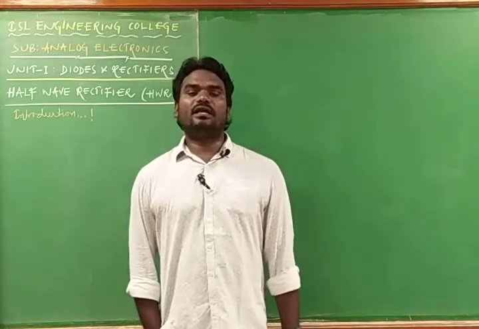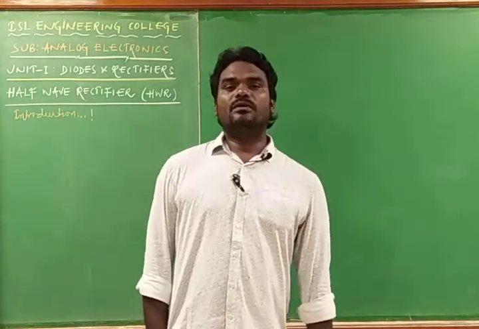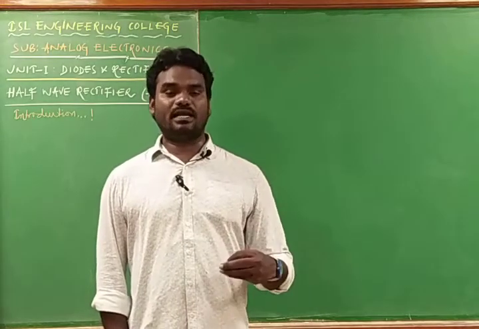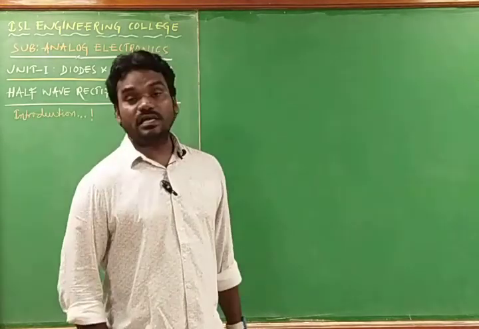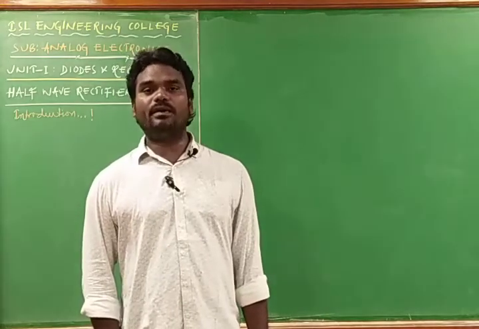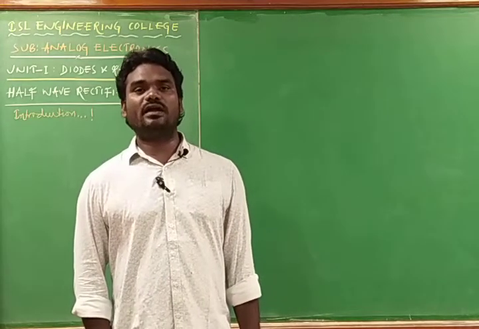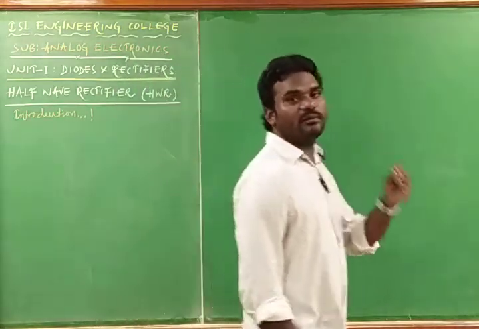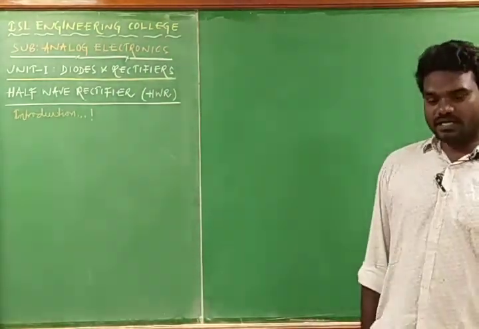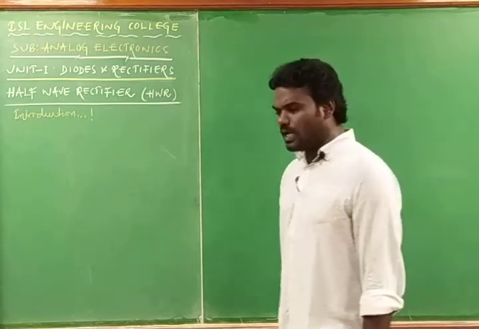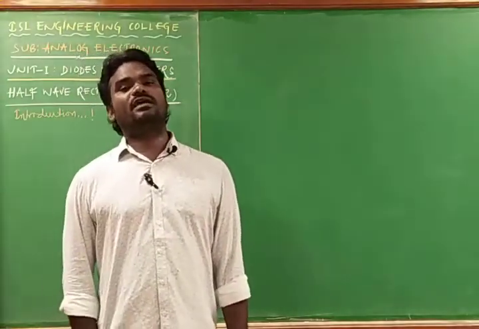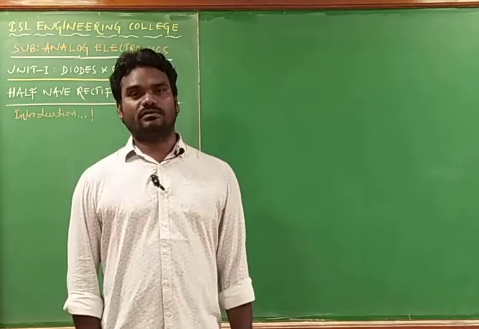It can be connected in the forward bias and reverse bias, whereas in the forward bias it conducts a current, in the reverse bias it is not going to conduct any current. This property of the PN junction diode is called the unilateral property. By using the unilateral property of the PN junction diode, we can achieve the rectification. So the mainly used component in the rectification process is the diode.